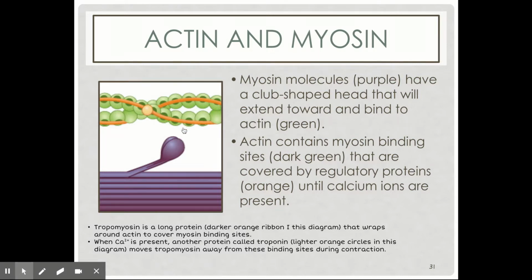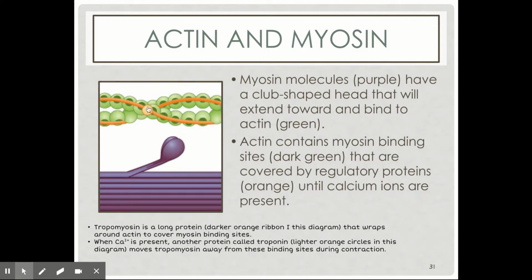But these dark green binding sites are covered by a regulatory protein, which is here in orange, until calcium ions come in through that little webbing thing that I just showed you, until calcium ions are present. So until you have calcium, nothing can happen, because my myosin has to connect to my actin in order to contract a muscle.